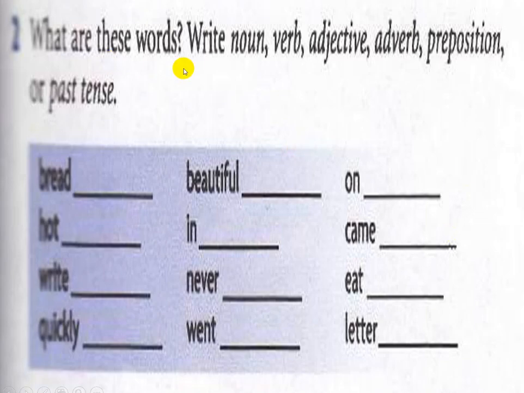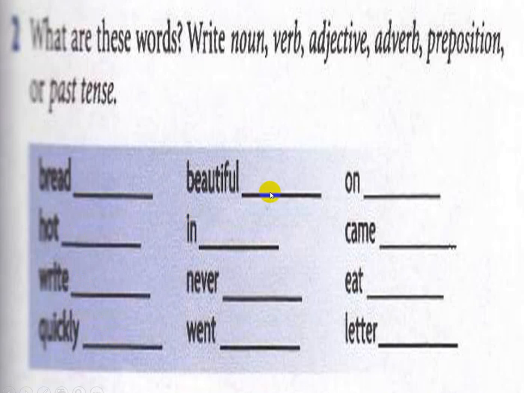What are these words? Write if they are nouns, verbs, adjectives, adverbs, prepositions, or the past tense. Here, bread is a noun. Hot is an adjective. Write is a verb. Quickly is an adverb.